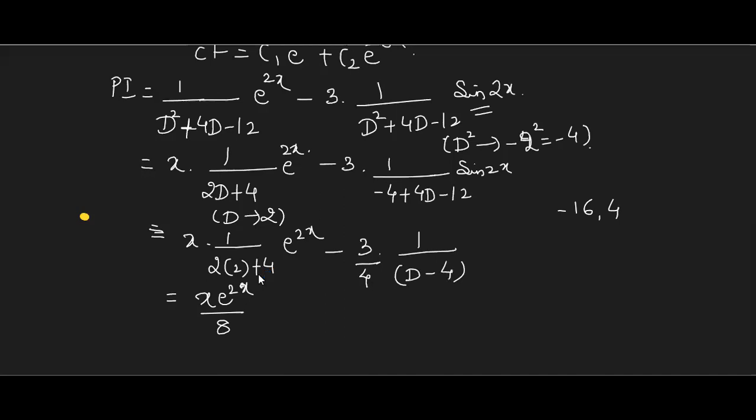Now, what does the procedure say? If you have such a linear factor, you should multiply and divide by the conjugate pair. In the case of complex numbers, the conjugate pair is fixed. But in this type of expression, the conjugate pair is not fixed. If it is 4 minus d, write it as 4 plus d upon 4 plus d.